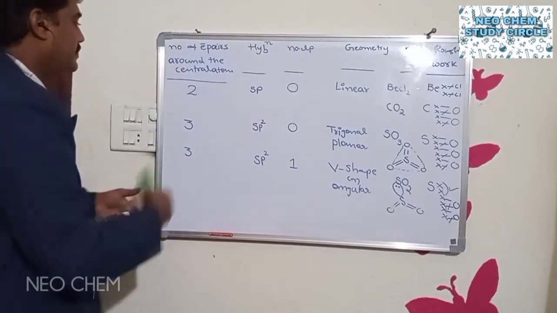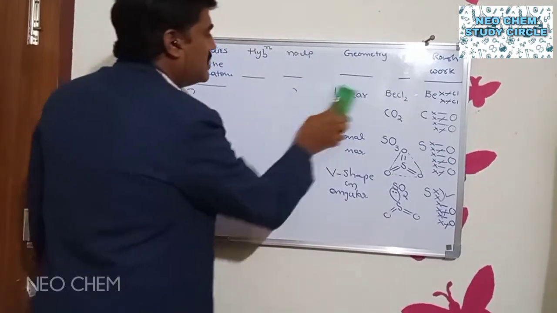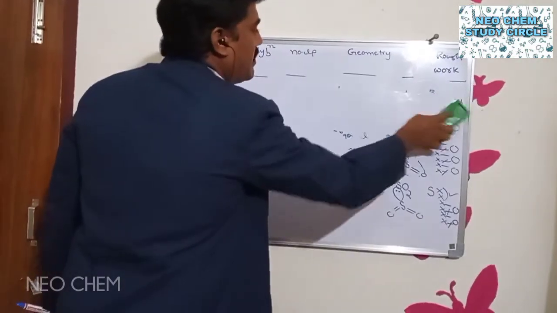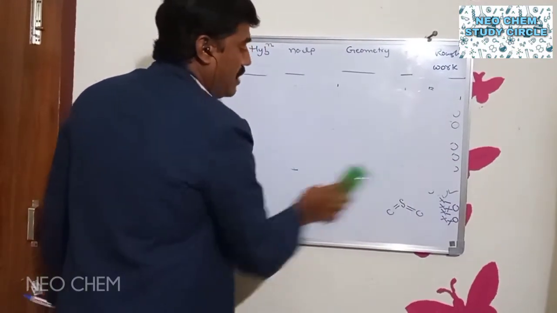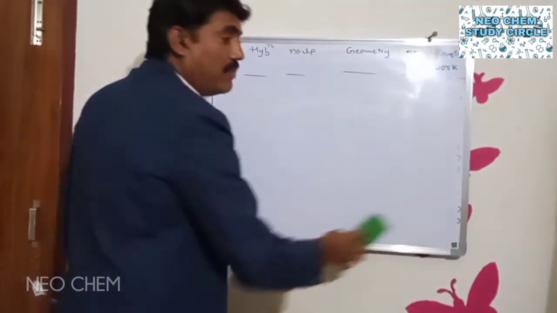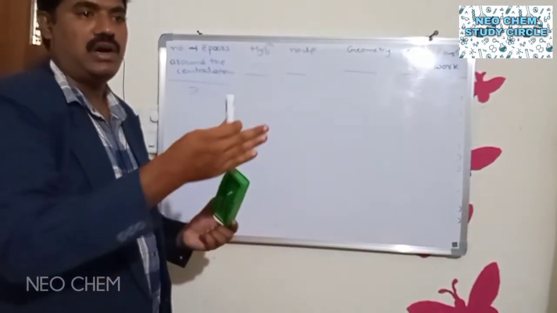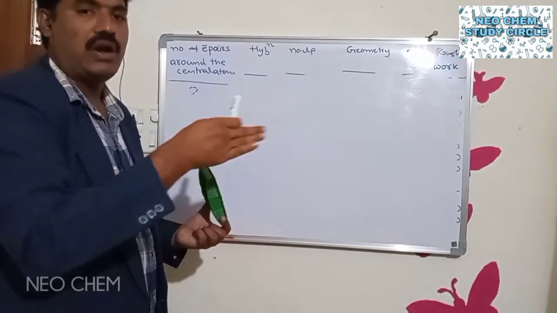Next, so we can say that 2 types of geometries are possible with sp2 hybridization. First one is trigonal planar, and the second one is, what do you call, angular.